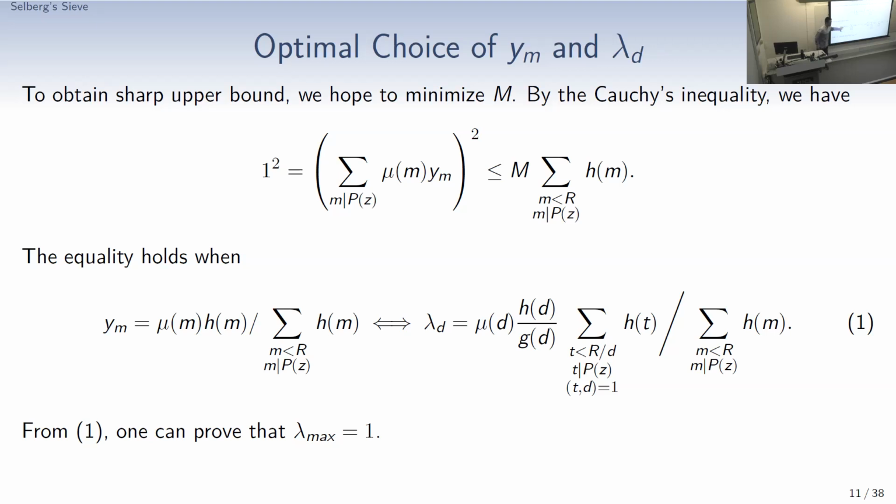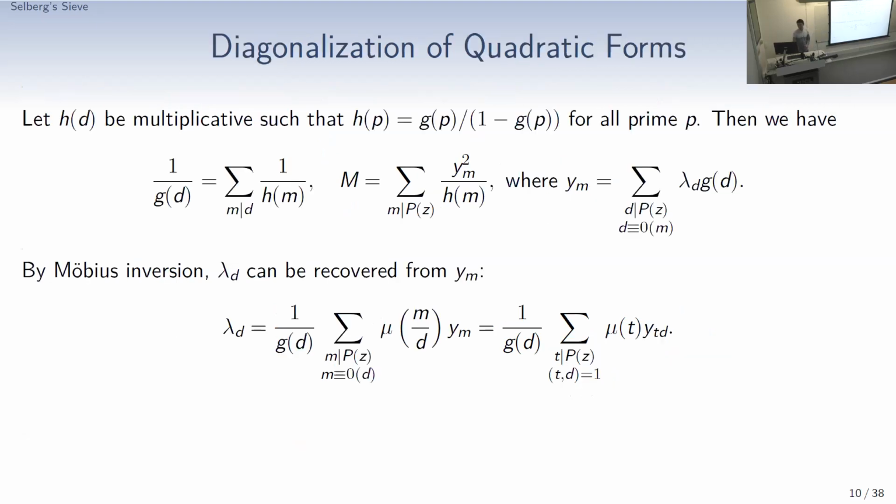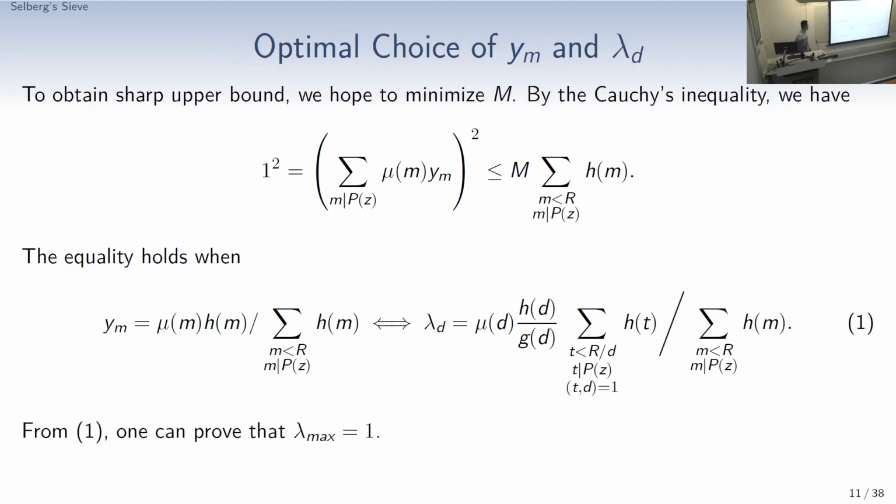By plugging this giant monster into the Mobius inversion formula, we obtain an even more monstrous quantity. However, we don't have to work with this quantity in practice, so they will look nicer in the next few slides.